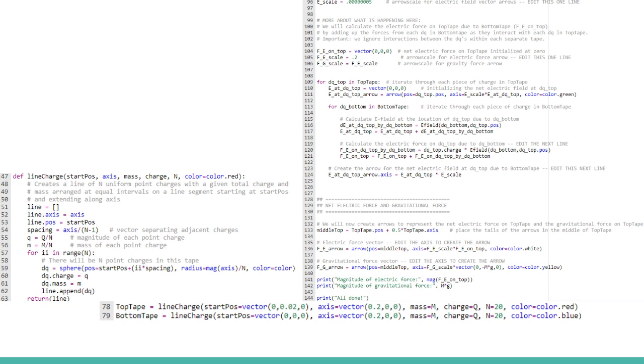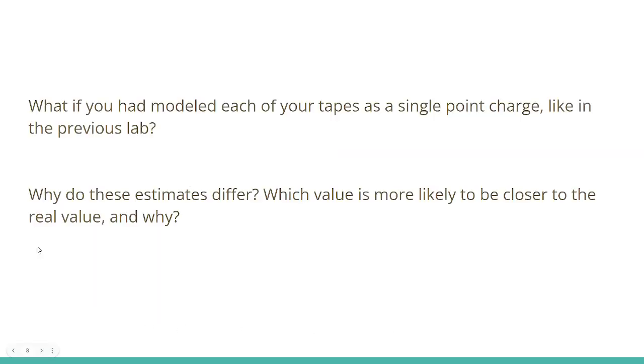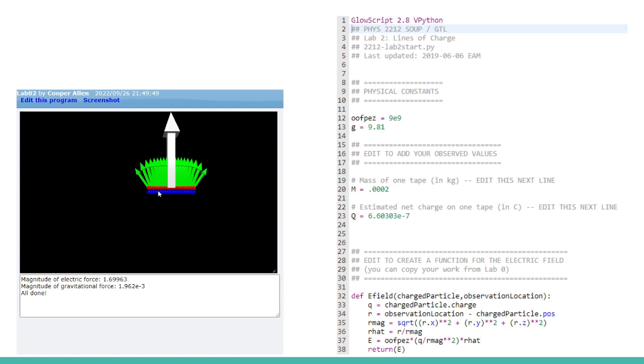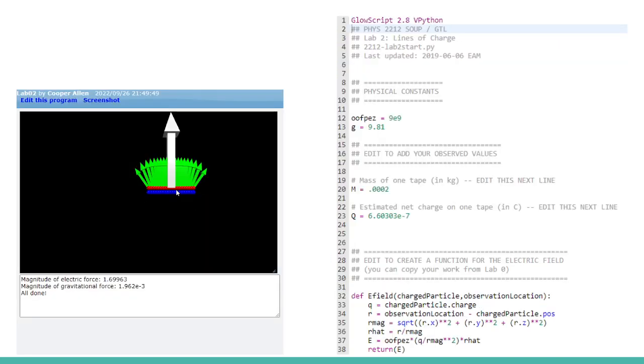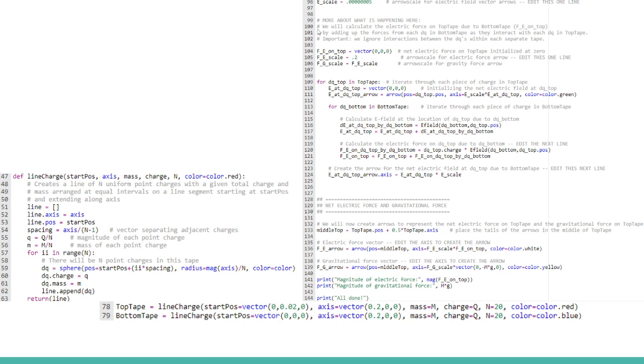We were told not to mess with that. This sets up basically the rows of arrows that you see, and the info for the top and bottom rows of tape.